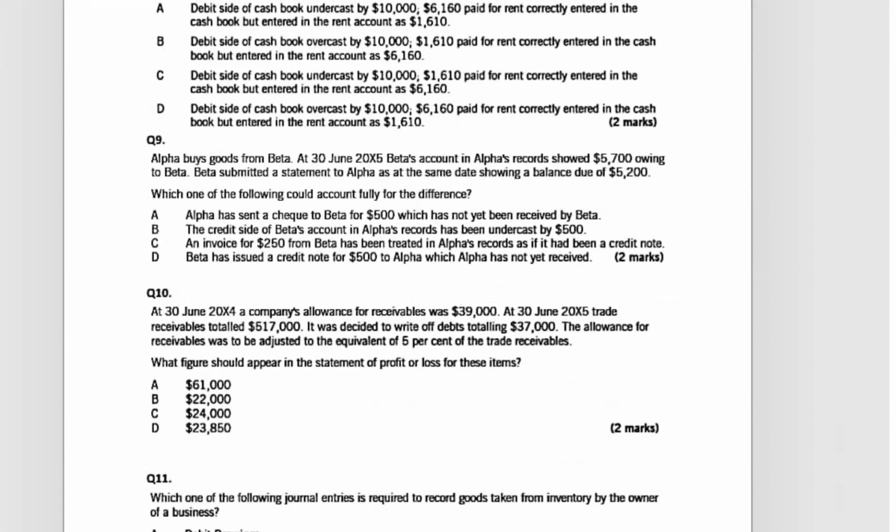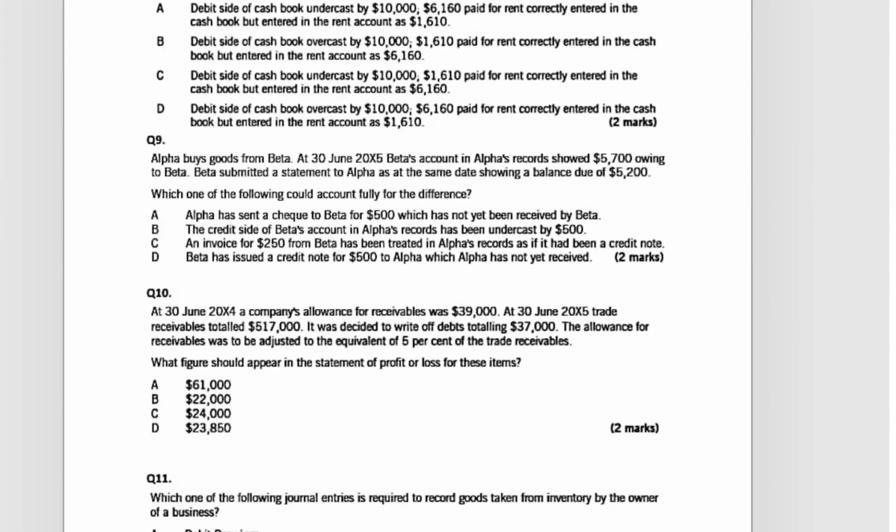So Beta submitted a statement to Alpha as at the same date showing a balance due of just 5,200 kwacha. Which one of the following could account fully for the difference? Do we understand the question?